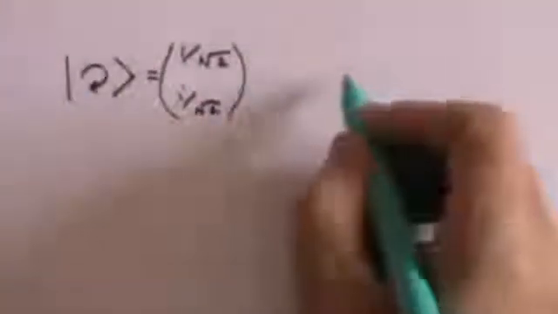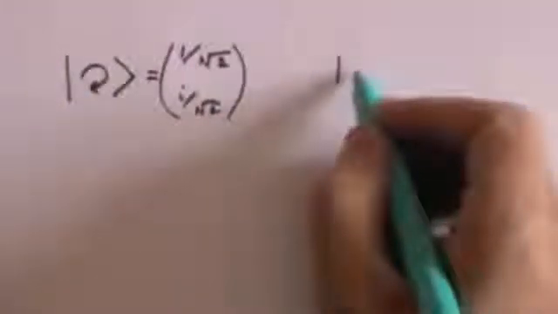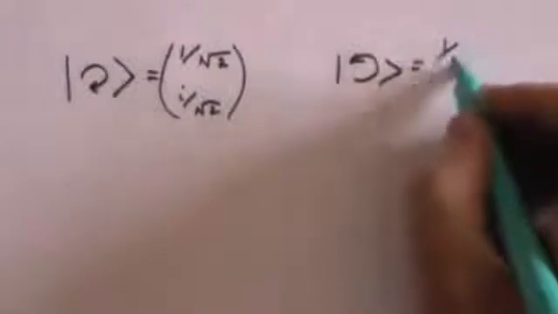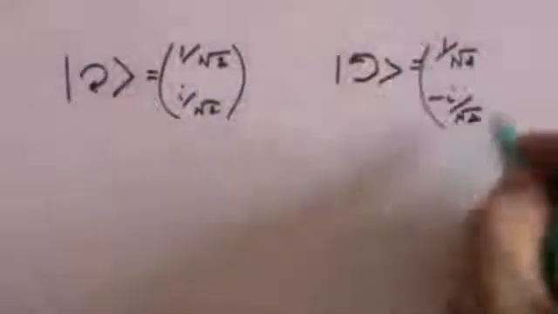If the clockwise circularly polarized photon polarization is given by 1 over root 2 and i over root 2, guess what the anti-clockwise polarized state is given by? It's 1 over root 2 and minus i over root 2.